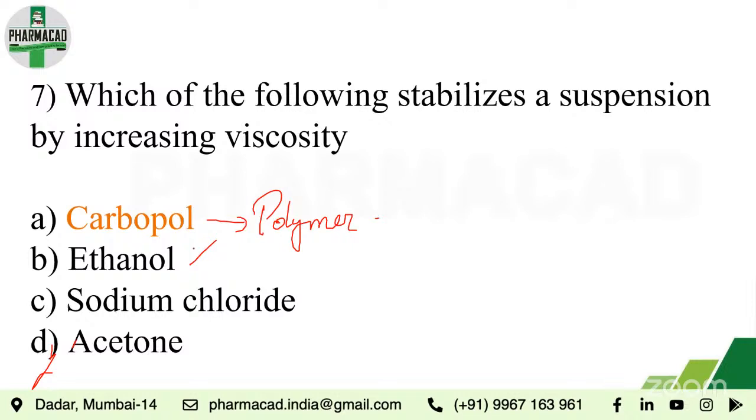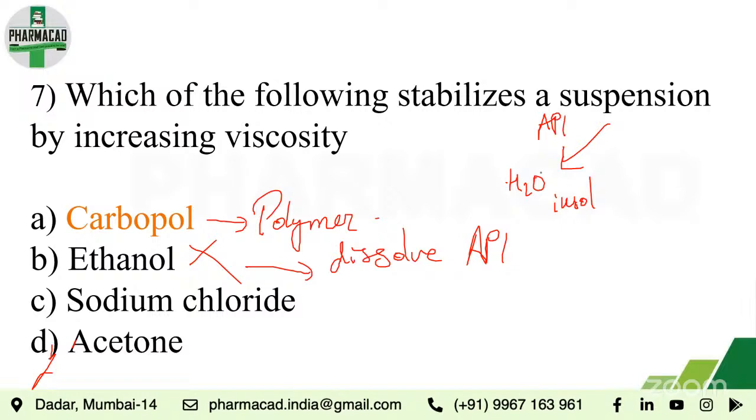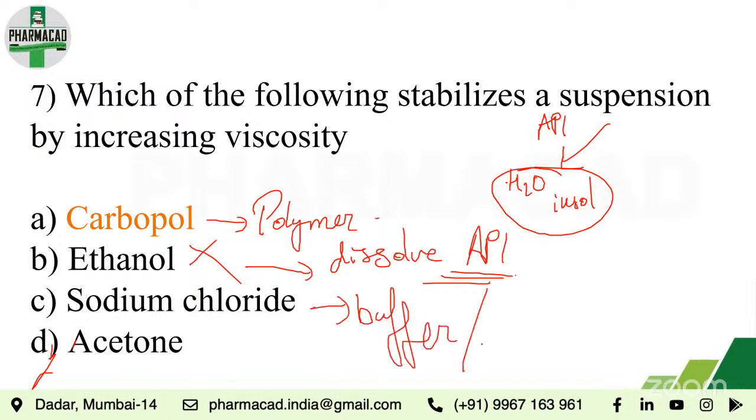इथेनॉल से viscosity नहीं बढ़ेगा. In fact, that may dissolve your API, because suspensions are made for those APIs जो water में insoluble होते हैं. Correct? Yes, ma'am. हाँ, but इथेनॉल use किया तो शायद तुम्हारा API dissolve हो जाएगा. Sodium chloride will act as a buffer or maybe tonicity modifier if your suspension is used for parenteral.